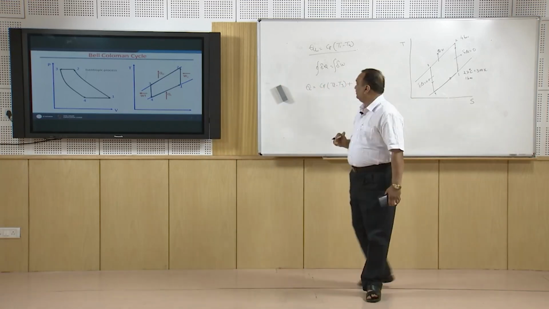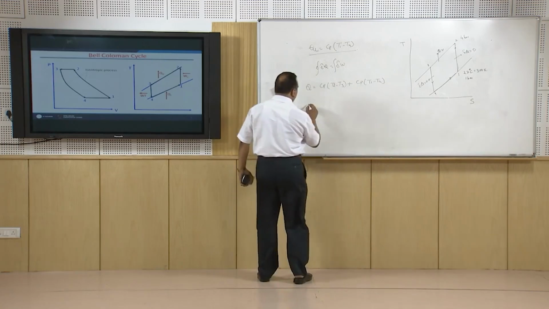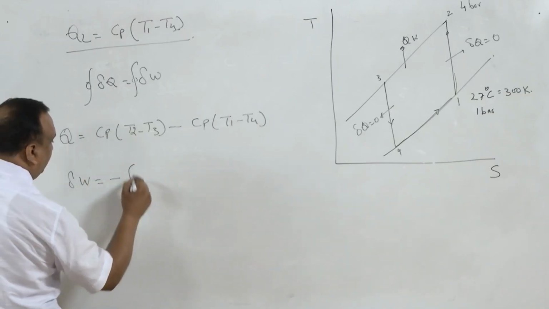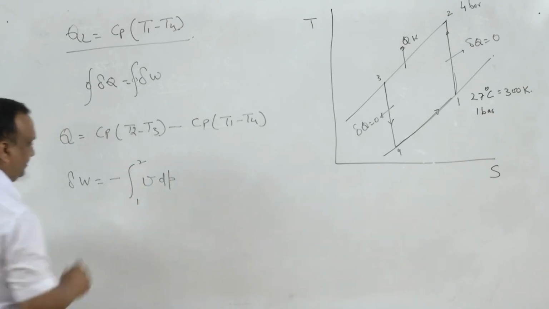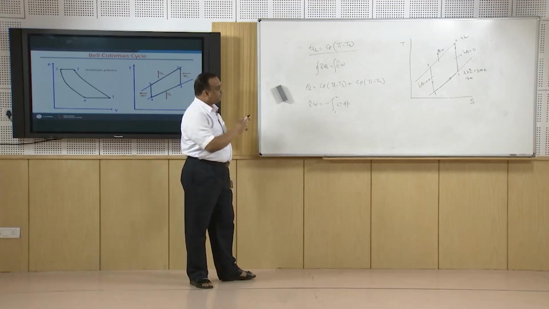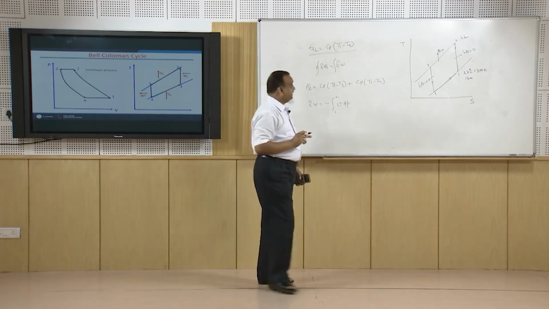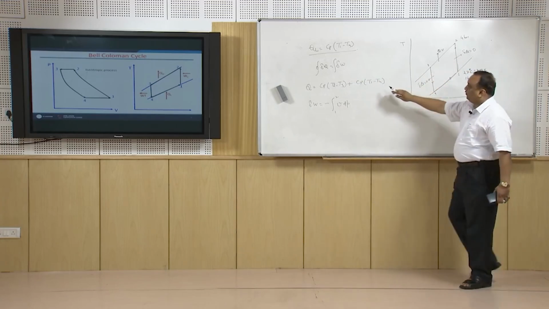Another way is, if we use the formula delta W is integral of 1 to 2 V dP. Through this formula also we can find the work done. When these processes are not isentropic, we cannot use the earlier approach.